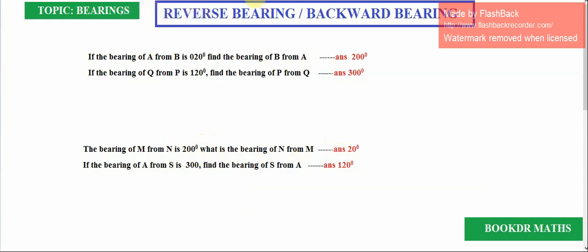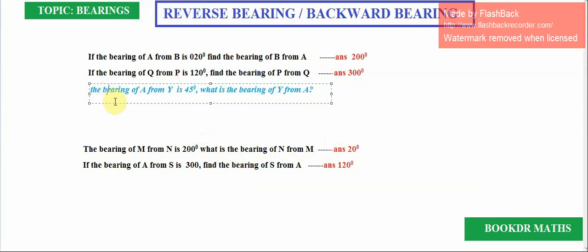For instance, let's look at another question. The bearing of A from Y is 45 degrees. What is the bearing of Y from A? Automatically, by the convention I've just said, if A from Y is 45 degrees, 45 is less than 180 degrees, so only add 180 to get the answer.